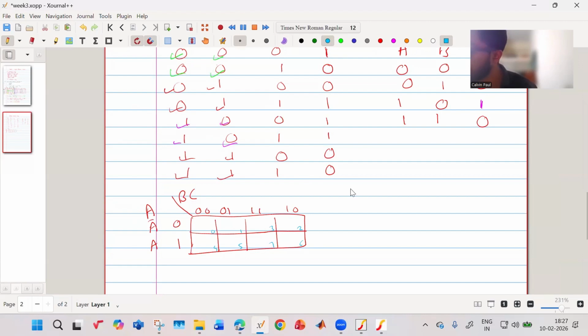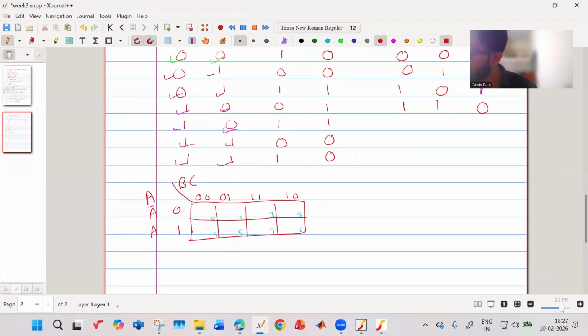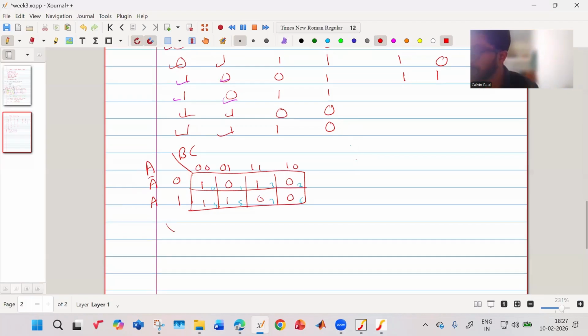Let us enter the values which we have got. So it is 1, 0, 0, 1. Then 1, 1, 0, 0. So what would be the K map of this? What would be the output Y in terms of min terms?